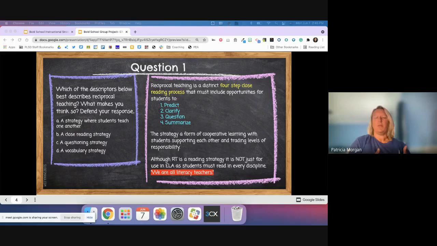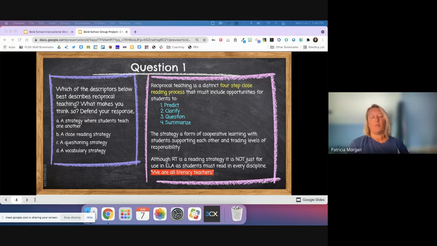And it's really important, as with any of these strategies, that you train students for this strategy. So maybe you want to take time just to train everyone on how to be the predictor. Then you train everyone on how to be the clarifier, and you provide sentence starters for each of those levels.